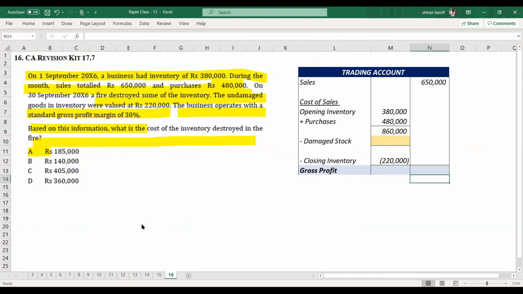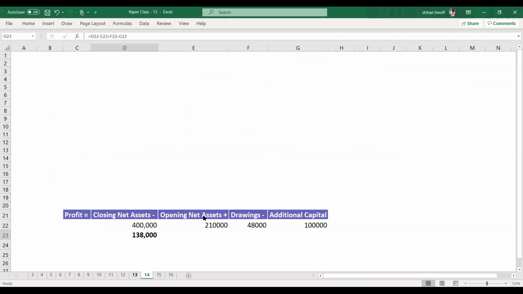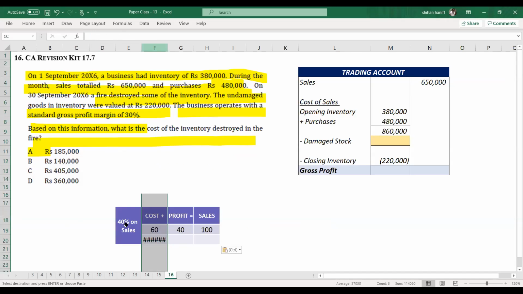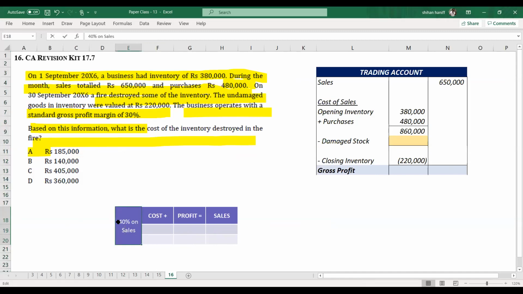So let's take the profit margin. Margin means on sales.